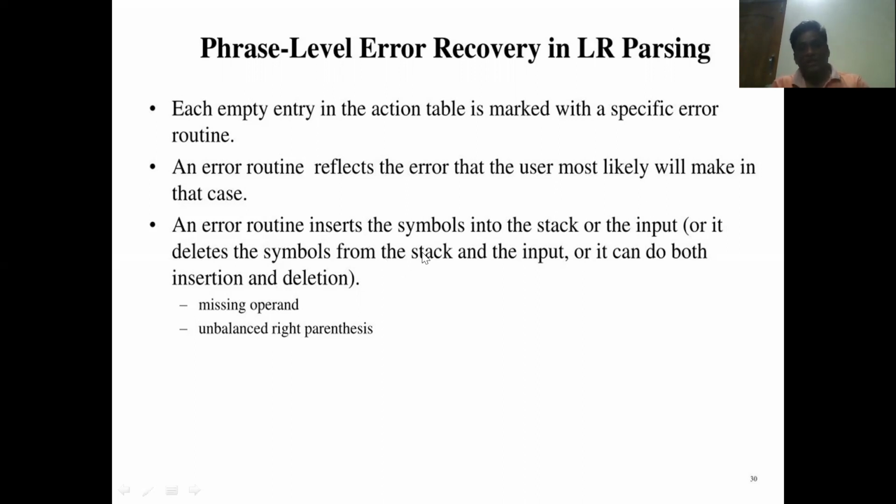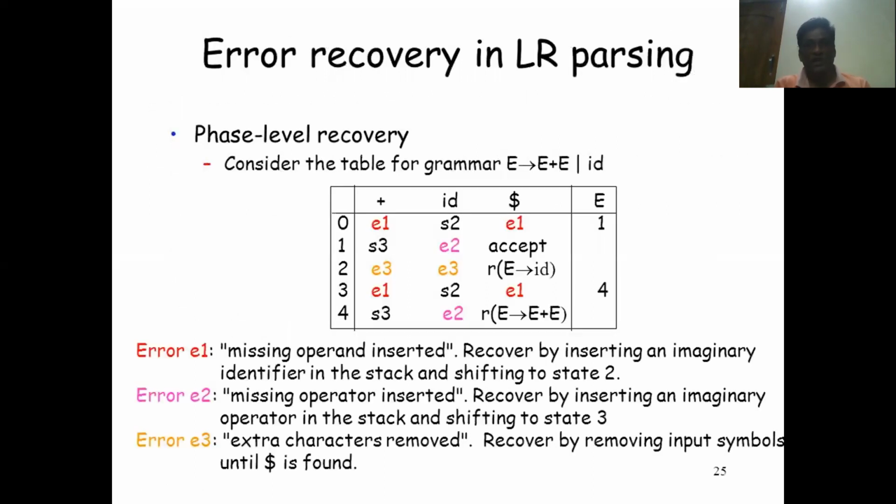Phrase level error recovery is simply making some local corrections in order to continue with the parsing. Examples are given here. The possible errors that may be encountered during parsing are missing operands, unbalanced right parenthesis, and so on. We'll see that with an example to understand phrase level recovery.